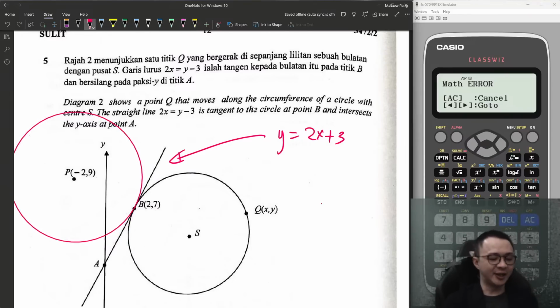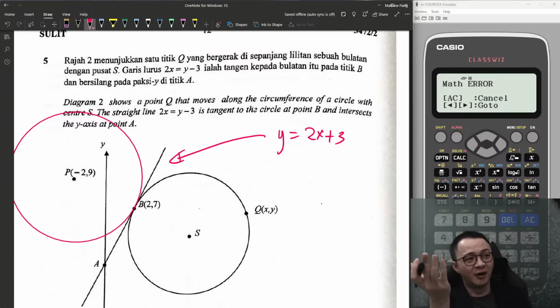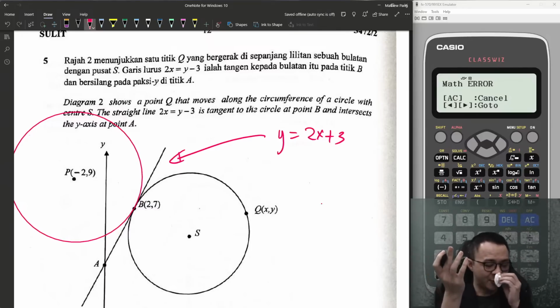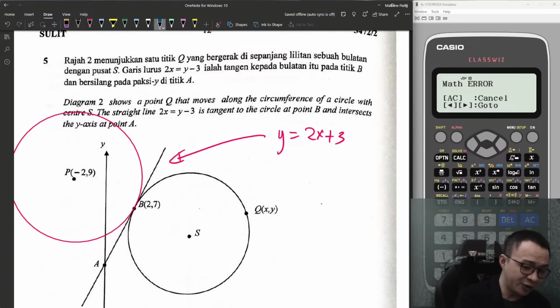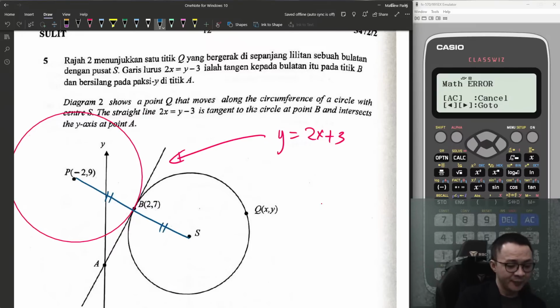We should have something like this, because they say it's an image under reflection at the line y = 2x + 3. And they give us very good news: they are collinear. So basically that means B is the midpoint of PS, isn't it?